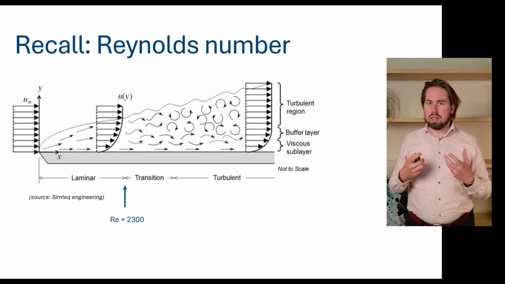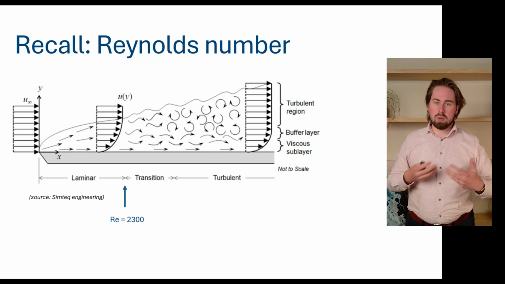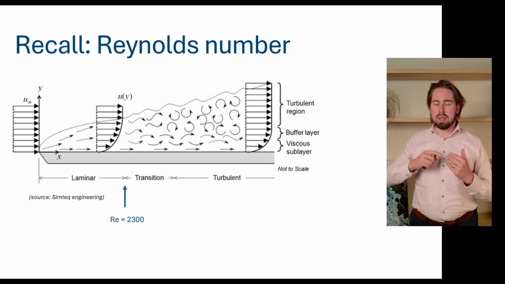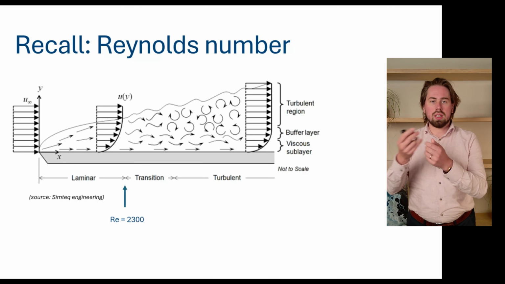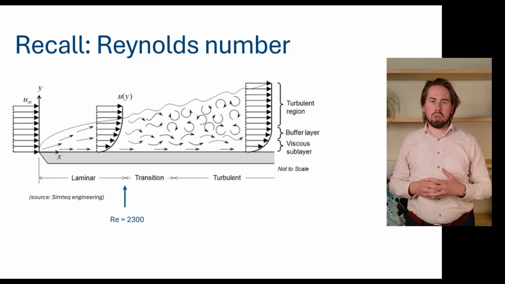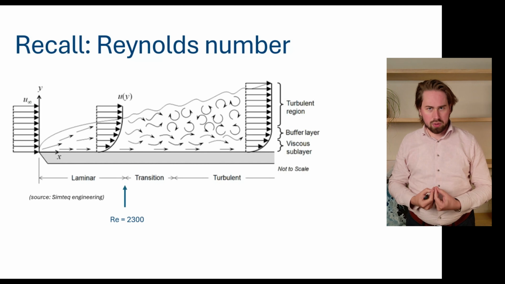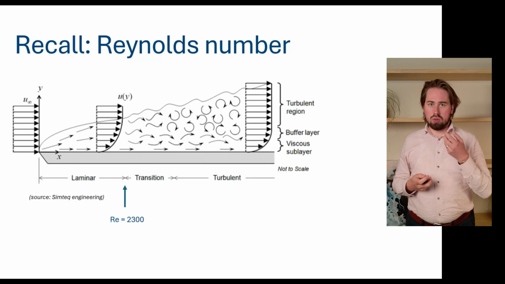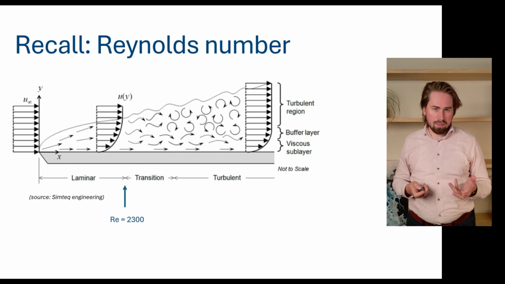And the philosophy is that with these internal fins, as we also saw with the turbo collector, this transition starts already sooner because the fins enhance local unsteadiness in the flow, causing some turbulence before this 2300. But the question is, how can you quantify it? And to quantify that, we need CFD.